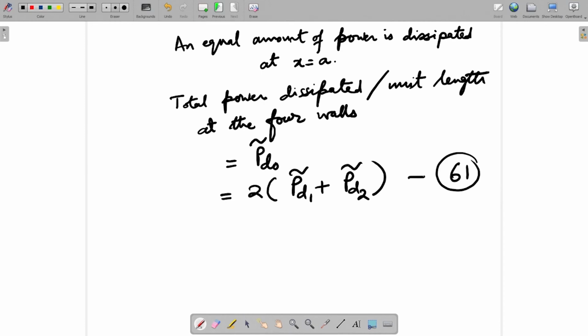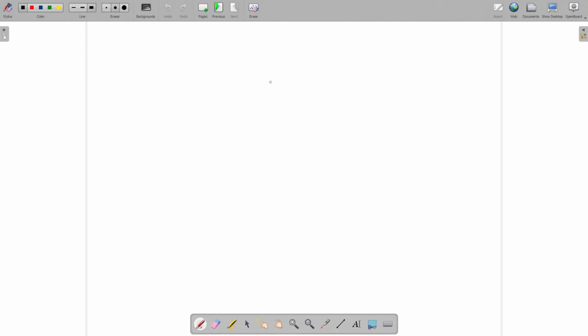Now, considering the waveguide as a transmission line, we can consider the voltage variation along that line to be of the form V equal to V 0 e to the power minus alpha plus j beta z, because there is attenuation along the guide due to the power loss in the 4 walls of the guide.